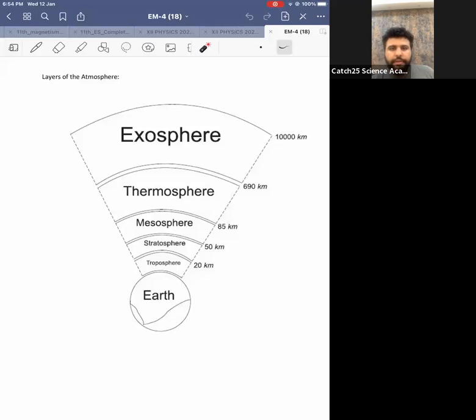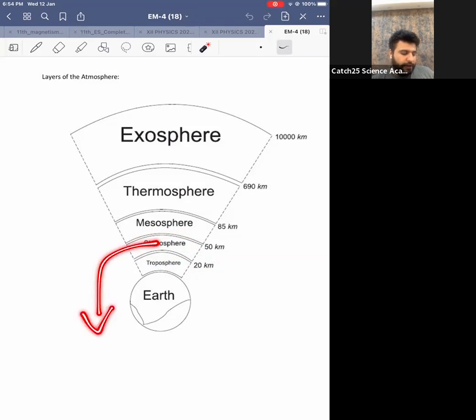Written? So the first point of troposphere is also from the diagram itself: it is at a distance of 20 kilometers from the surface of the Earth. The first point under stratosphere is also from the diagram itself: it is at a distance of 50 kilometers from the surface of the Earth. Now, what is the speciality of stratosphere? Everyone listen to me very carefully.